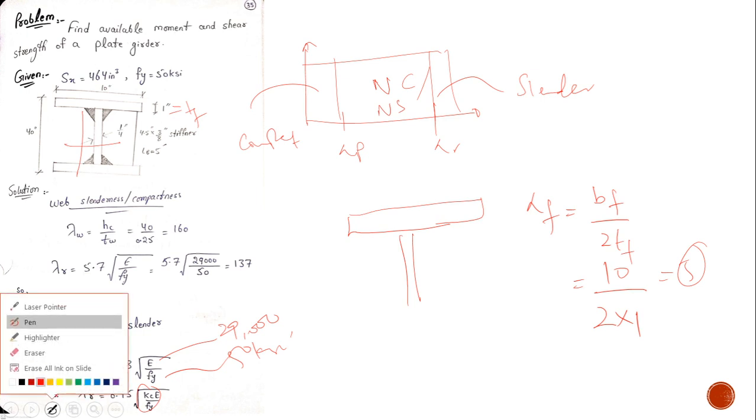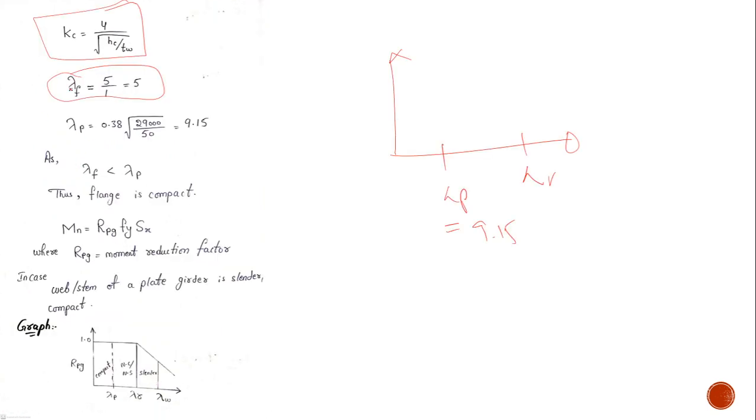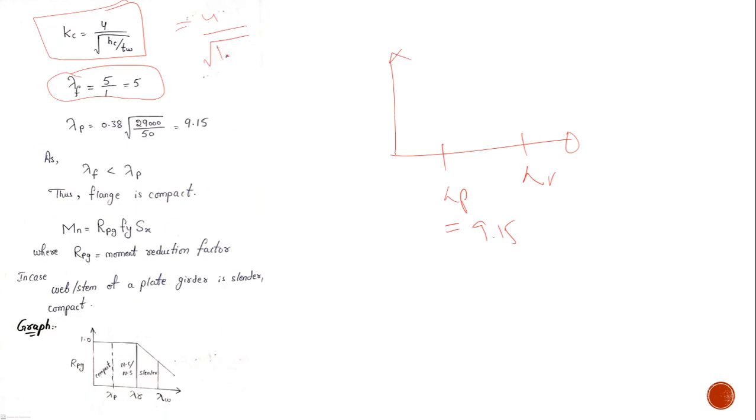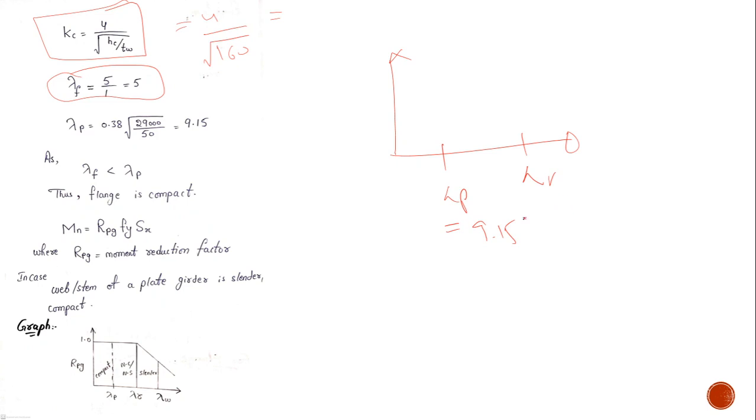Lambda r is 0.95 root kc E by Fy, where kc is 4 divided by root hc by tw, and hc by tw is 160. So you will get the kc value, put it back here, and get lambda r. You will find that lambda r would be much greater than 9.15. It's your job to compute lambda r.